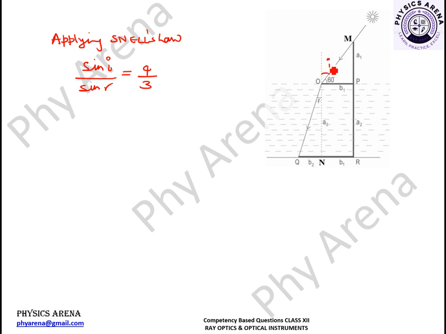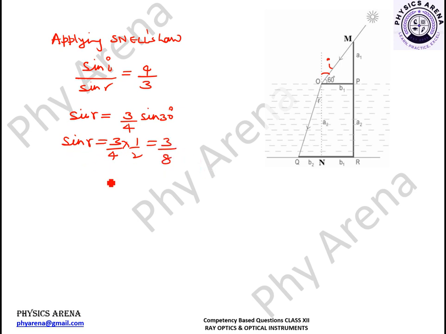So we can conclude that i is equal to 30 degrees, because this angle is given to us as 60, so i will be 90 minus 60, that is 30. So I can write sine r is equal to 3 upon 4 times sine of 30. I can cross multiply, and sine r is equal to 3 upon 4 multiplied by half, that is equal to 3 by 8.